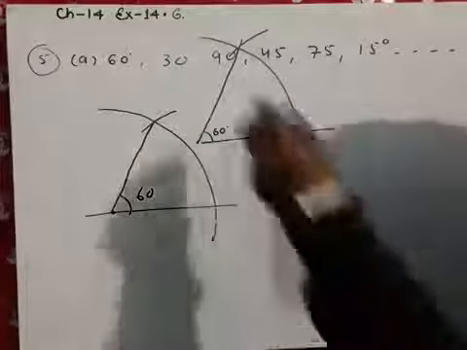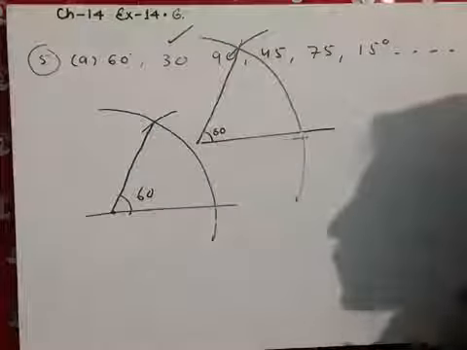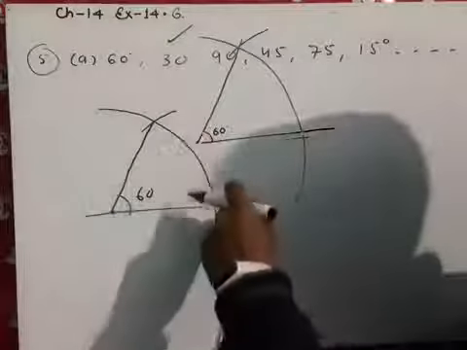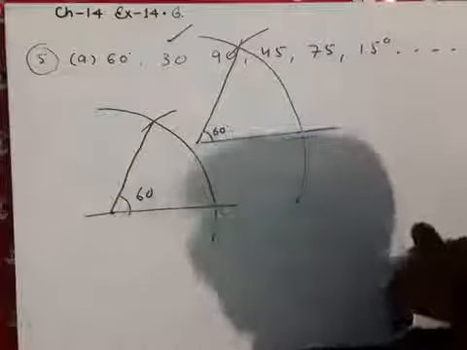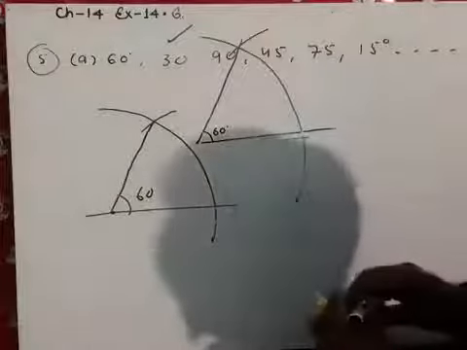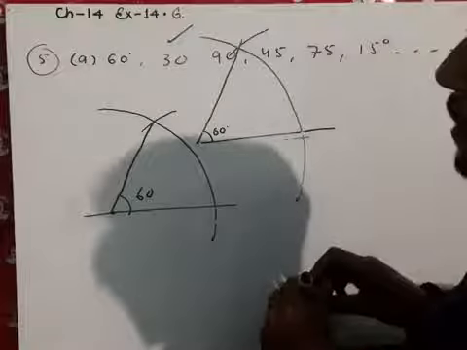Now suppose we are going to draw 30 degrees. What simple thing do we have to do? First of all we draw the 60 degree angle, then we draw the bisector of it. How do we draw the bisector? We can use this method.